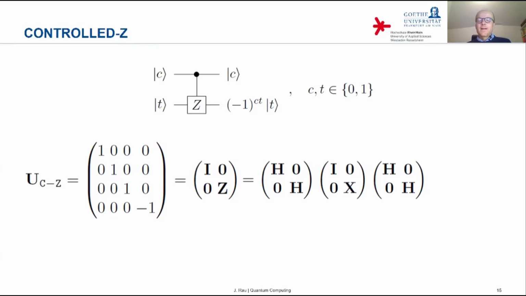And this identity for matrices translates into an identity for 2-qubit gates.